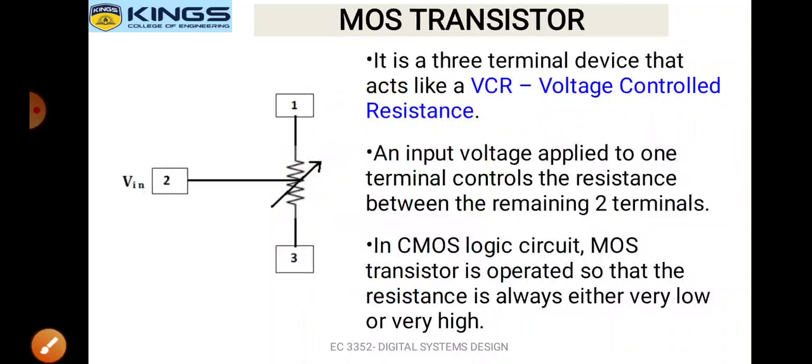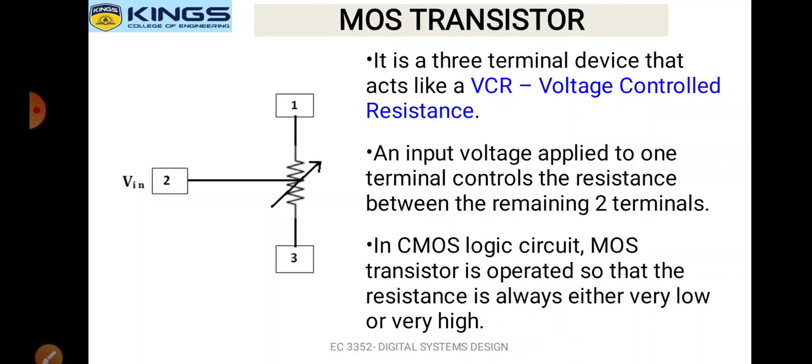So next one is the MOS transistor. The MOS transistor is a 3-terminal device that acts like a VCR. VCR is nothing but voltage controlled resistance. Suppose you give an input voltage to any one of the terminals, it will control the resistance between the remaining two terminals.